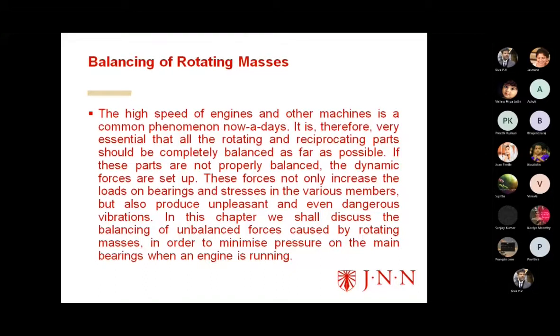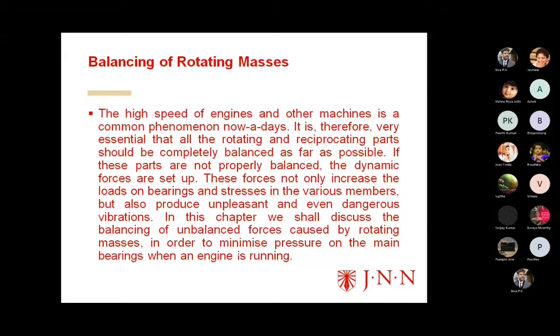All the machines can be either rotating or reciprocating. Rotating means, for example, a ceiling fan, or inside the IC engine parts, the wheel of an automobile, two-wheeler or four-wheeler, will be rotating. So these are rotating motions.